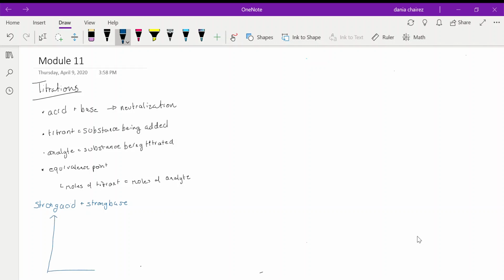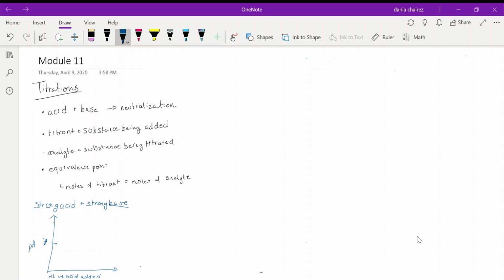So you're going to have your graph, which right here you're going to have your pH, and I'm going to label this as 7 because that's our neutral point. And your x-axis is going to be the milliliters of acid that we're adding. So our titrant goes on the x-axis. On your y-axis, we're starting off with the strong base because we're adding the acid.